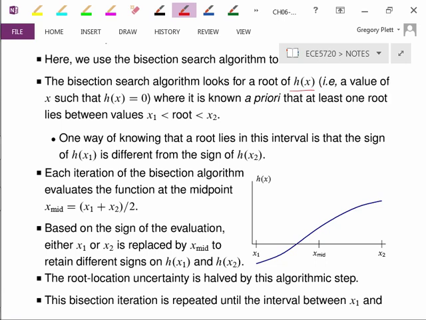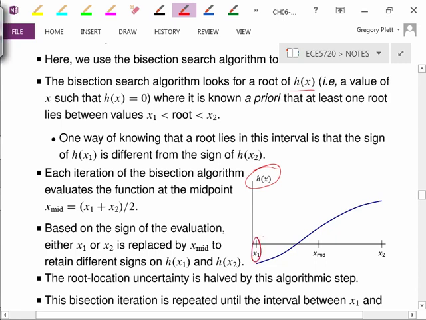The picture on the right shows the generic idea where h of x is some nonlinear function, and you can see that it passes through 0 somewhere between x1 and x2. We start out with knowledge of the sign of the function at x1 and the sign of the function at x2, and we compute the midpoint halfway between x1 and x2, that's x mid, and we evaluate the sign of the function there.